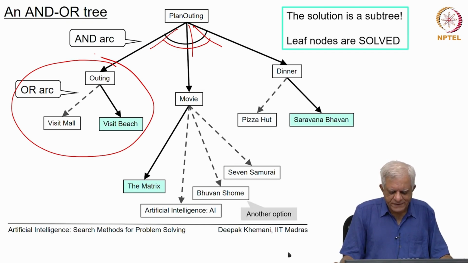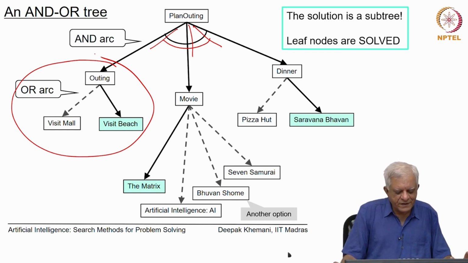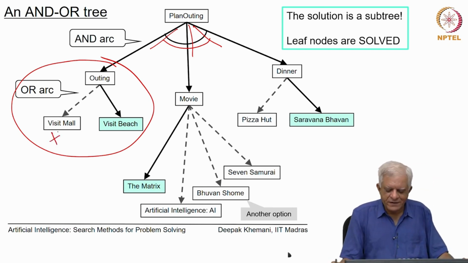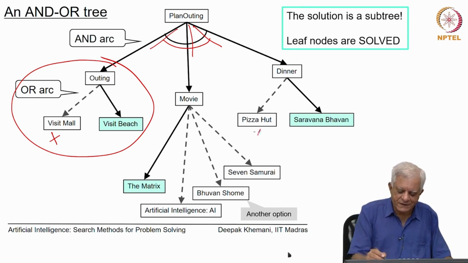In this case, as we saw, there were 2 options, that your friends wanted to go to the beach clearly, because all the options with mall were rejected. So, that is definitely not a candidate, and also at least in the case of the Matrix film, we saw that Pizza Hut was rejected, but Saravana Bhavan was selected.